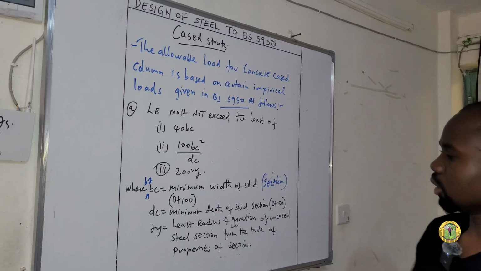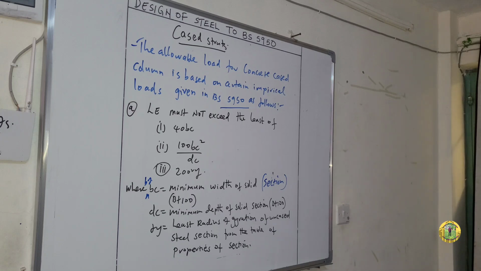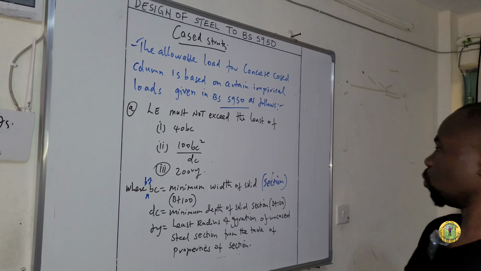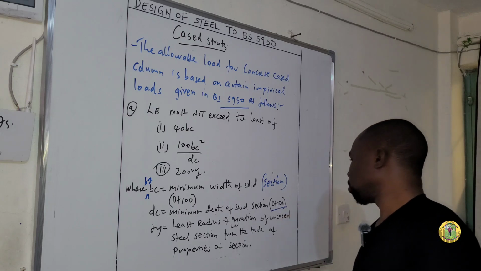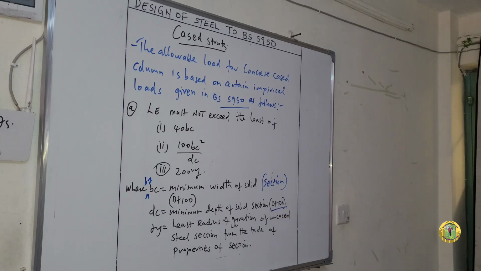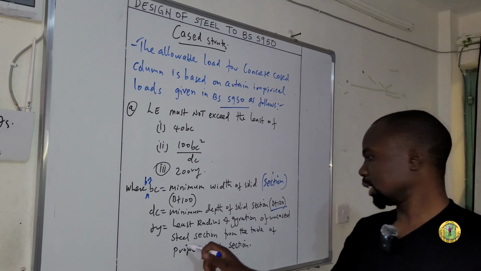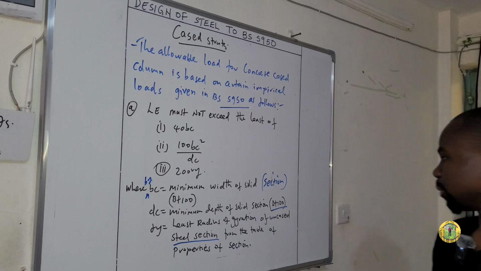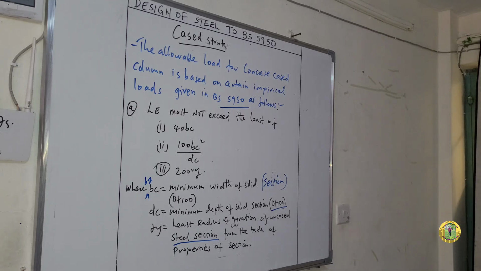As you have seen in the diagram, DC is the minimum depth of solid section, which is D plus 100, and RY is the least radius of gyration of uncased steel section from the table of properties of section.